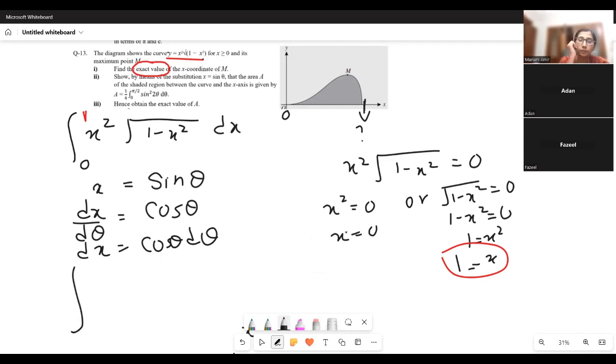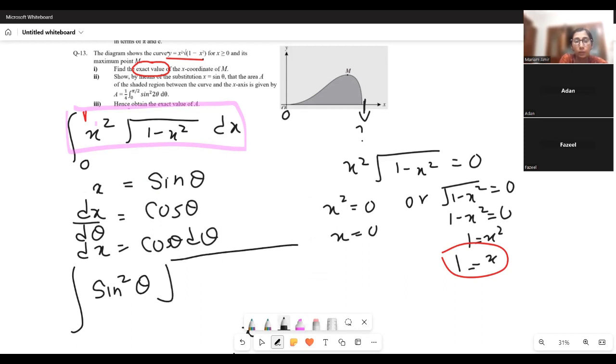Now make all the substitutions, using the given substitution to change this expression. X square becomes sin square theta. Square root of 1 minus x square becomes the square root of 1 minus sine square theta, and dx becomes cos theta d theta.